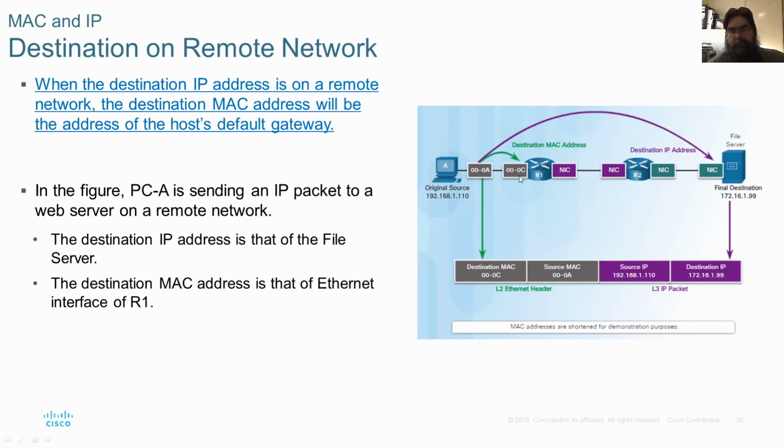The router will determine which interface it needs to depart on to get to its final destination, and this now becomes the source MAC address, and router 2's inbound interface becomes the destination MAC address. So we have a totally brand new framing header assembled, and we rinse and repeat on router 2. So in its journey from device A to the file server, we've had 3 layer 2 headers along its journey.